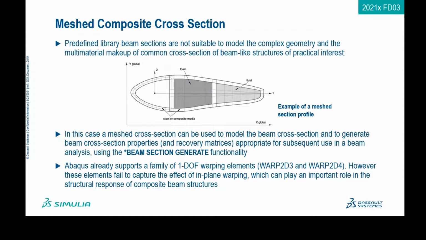A meshed cross-section could be used to model a beam cross-section, or to generate the beam cross-section properties and recovery matrices appropriate for subsequent use in a beam analysis using the Star Beam Section Generate keyword functionality.